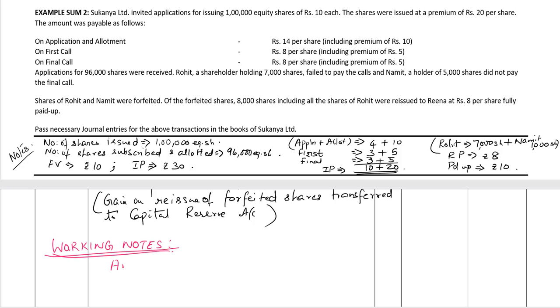We need the amount received from the defaulting shareholders on the shares reissued minus the discount on reissue.